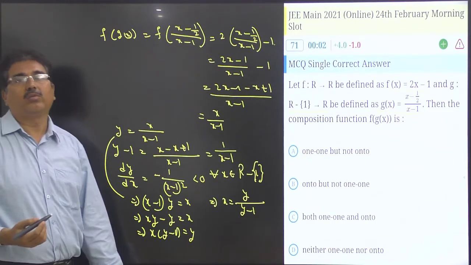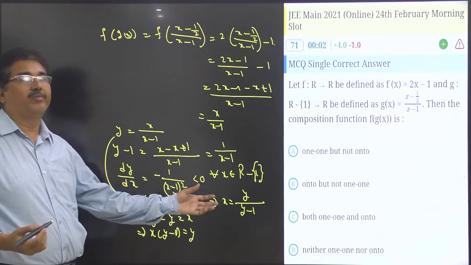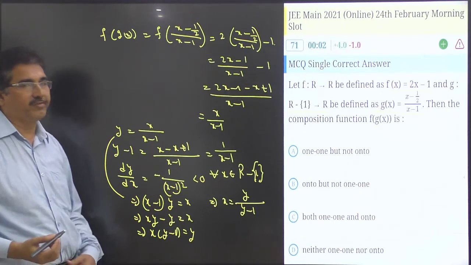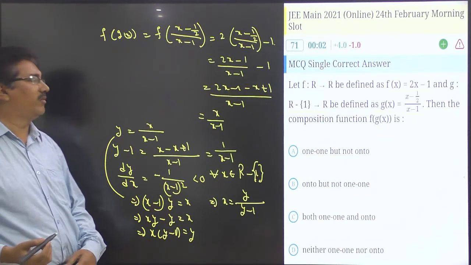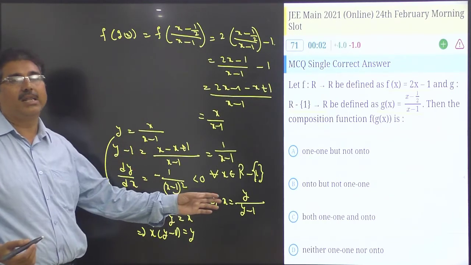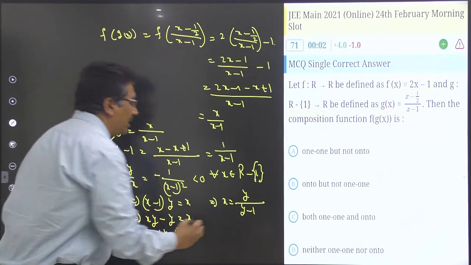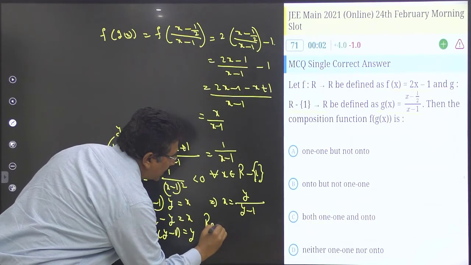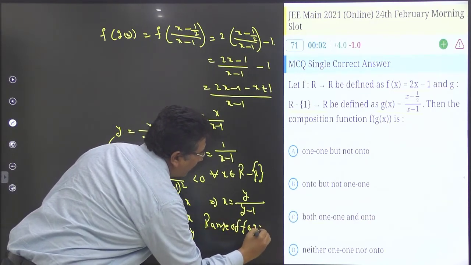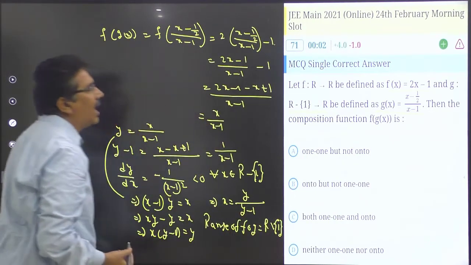Right. Now, therefore, the range of this one is the range of f. For finding the range of f, let it be equal to y. Simplifying this, we get the value of x. From this, the range of f circle g is R minus 1.